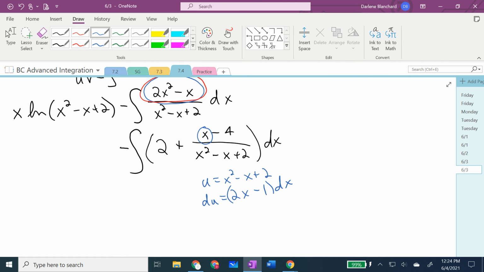And I need to figure out how much of the constant do I need to bring in so that I can separate the numerator. Because this is just an x, I need to factor a 2 out right here, leaving me with x minus, oh yay, fraction 1/2.